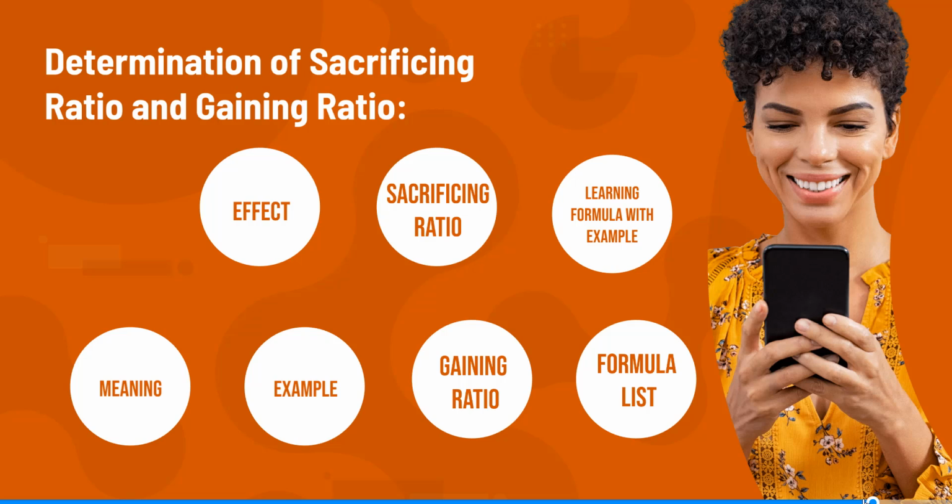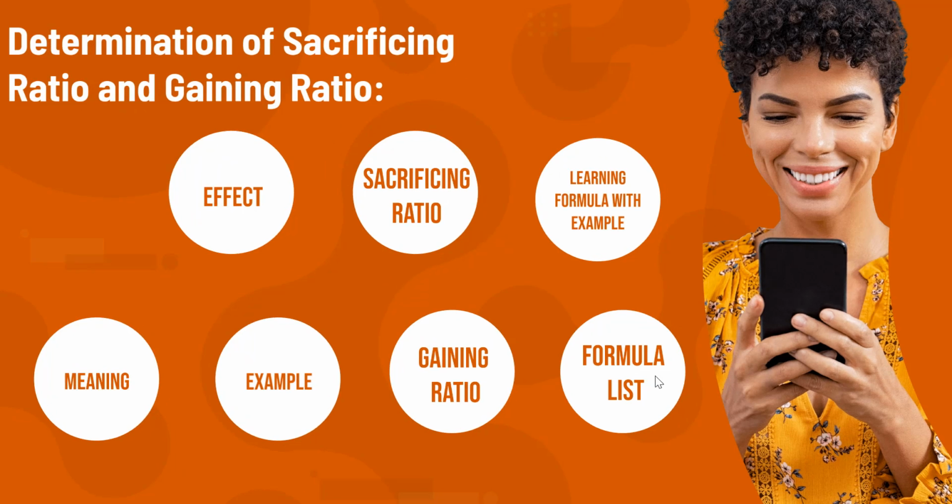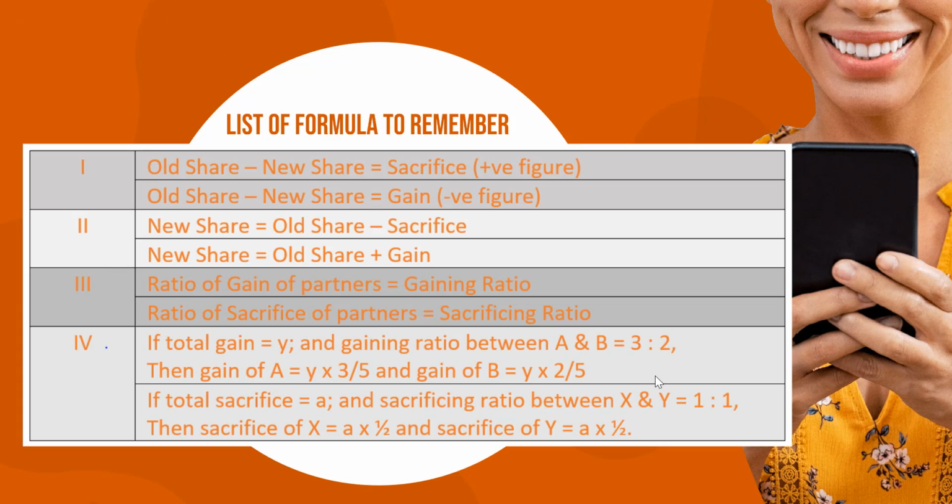Now let's see the list of formulae that we need to remember while solving sums under this chapter. The first part, old share minus new share: a positive figure is a sacrifice, and a negative figure is a gain.